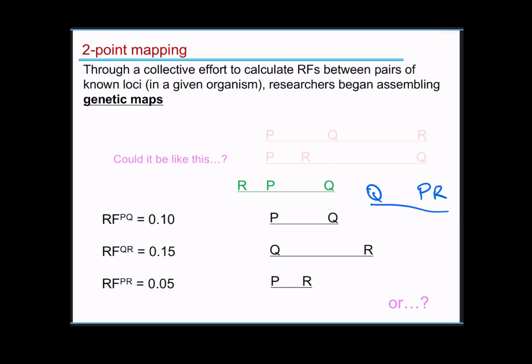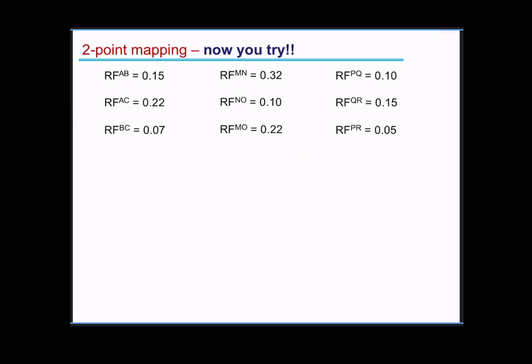In real life, it would be one way, but we need some sort of point of reference, and that point of reference could be the end of a chromosome, it could be a centrosome, it could be some sort of location that is invariable in a chromosome. We don't have that here, so right now these two maps are symmetrical and they're both valid. Now you try.